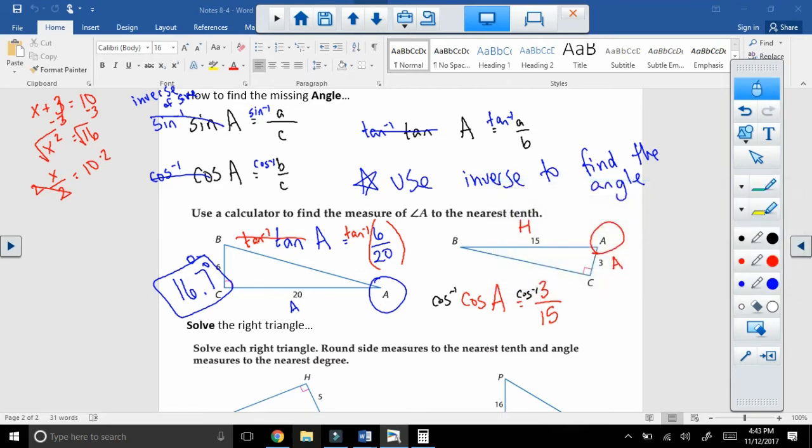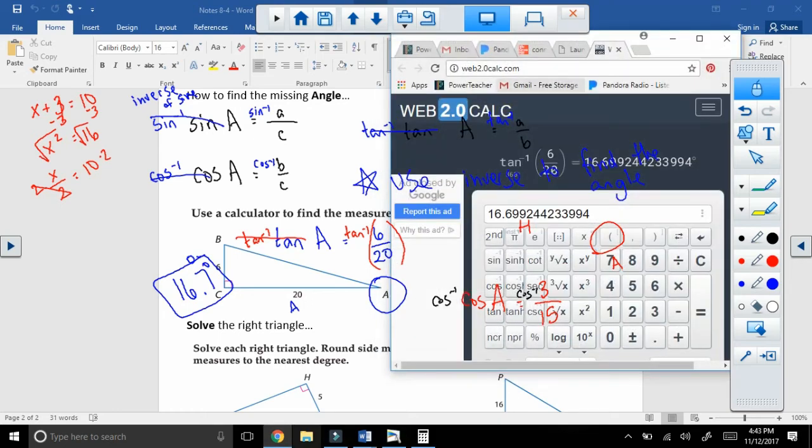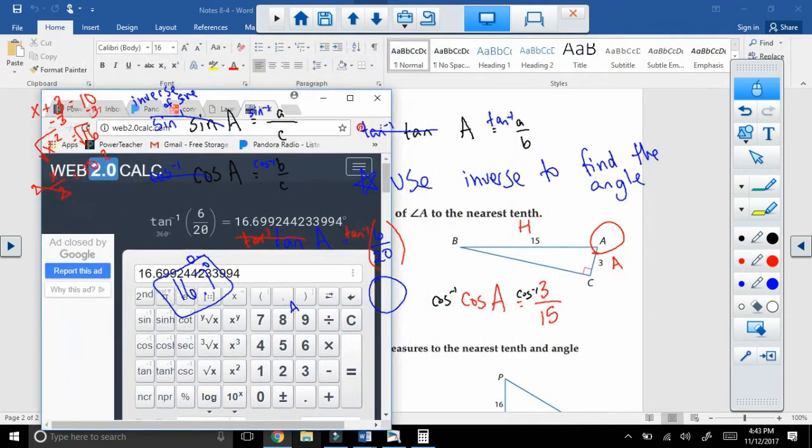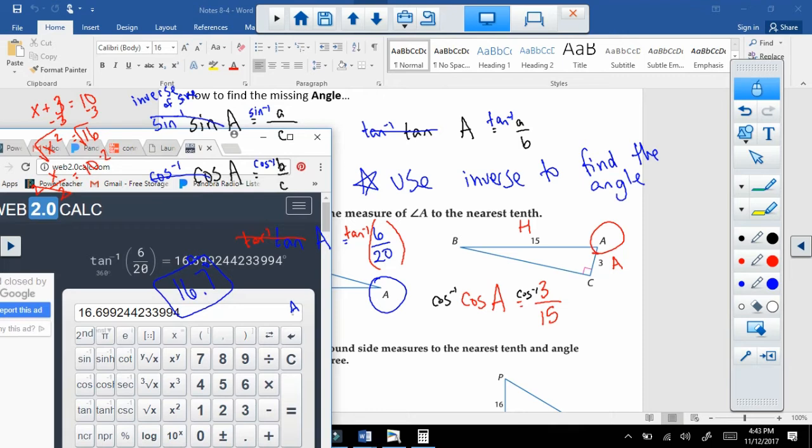So grabbing my calculator, inverse cosine of 3 divided by 15, just going to put that in parentheses, is about 78.5 degrees. And that would be my final answer for that one.